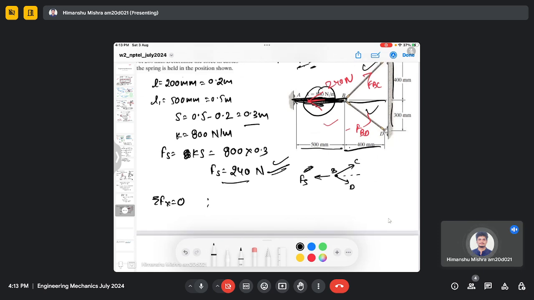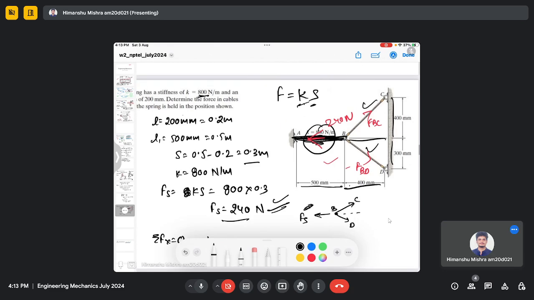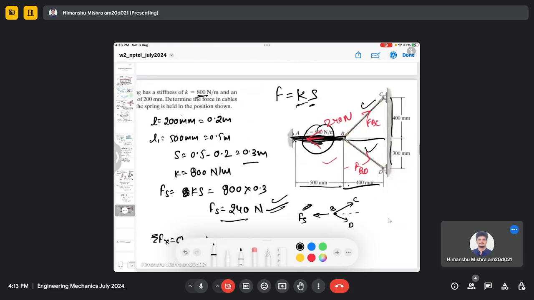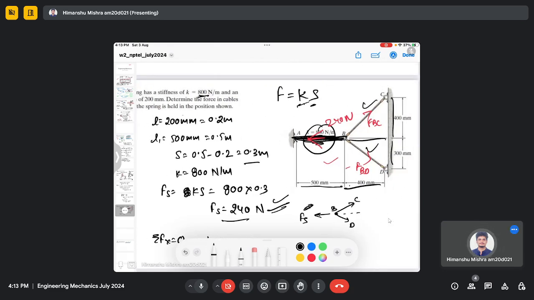So for the x component we have force BC, and here we have a 400 millimeter length, and here we have a 400 millimeter length, which means this angle should be 45, because if you calculate the angle, tan theta equals 400 by 400, it will be tan theta equals 1 and theta will be 45 degree.